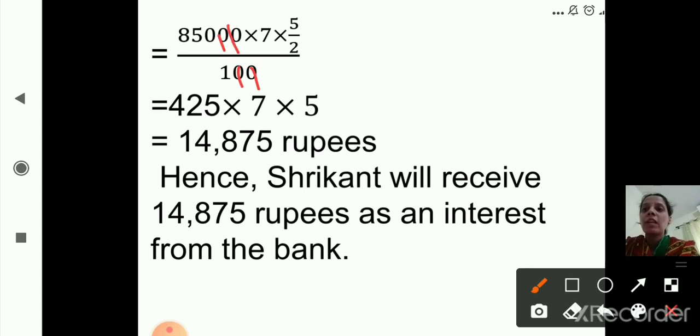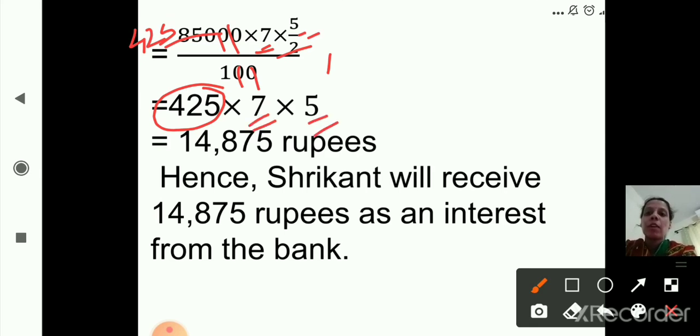Now we can divide 850 by 2. 2 ones are 2, 2 fours are 8, 2 twos are 4, and 2 fives are 10. So we got 425, multiplied by 7, multiplied by 5. After doing all the multiplication, you will get 14,875. So this is the final answer.